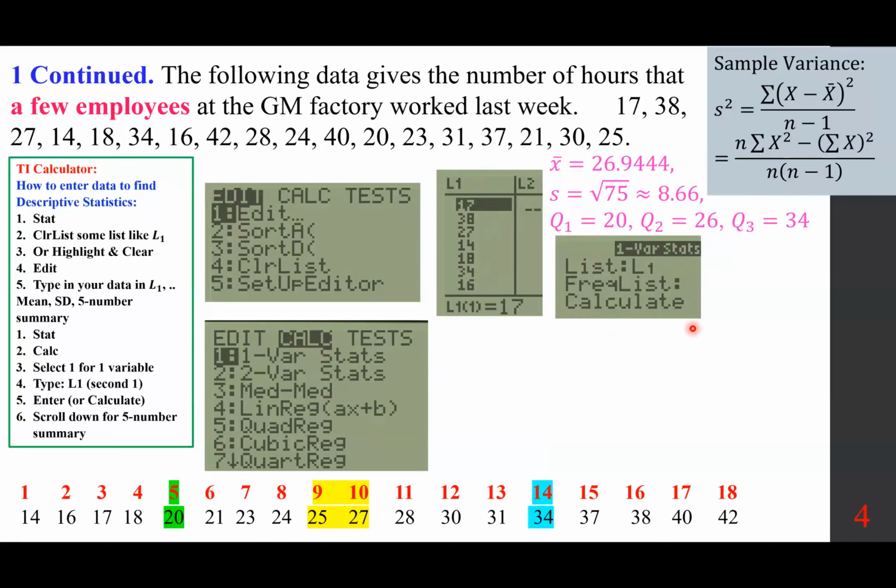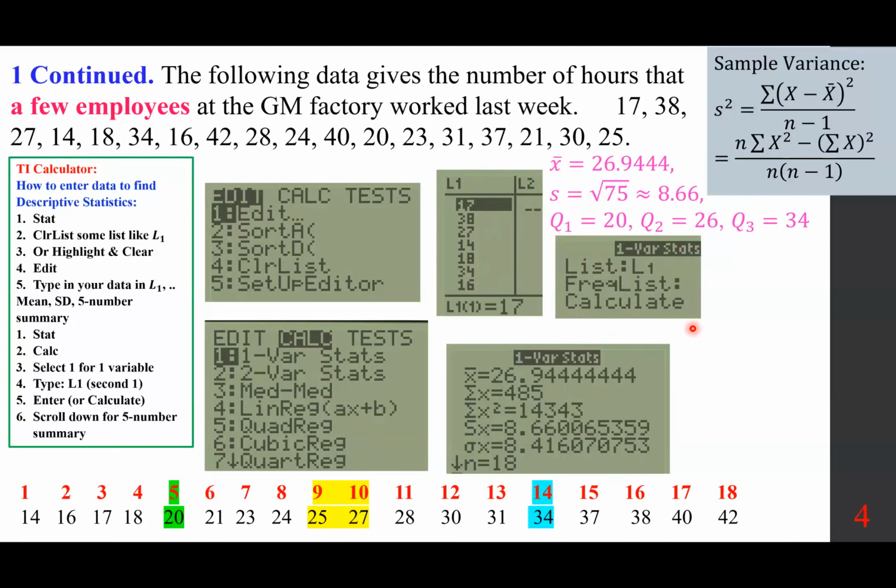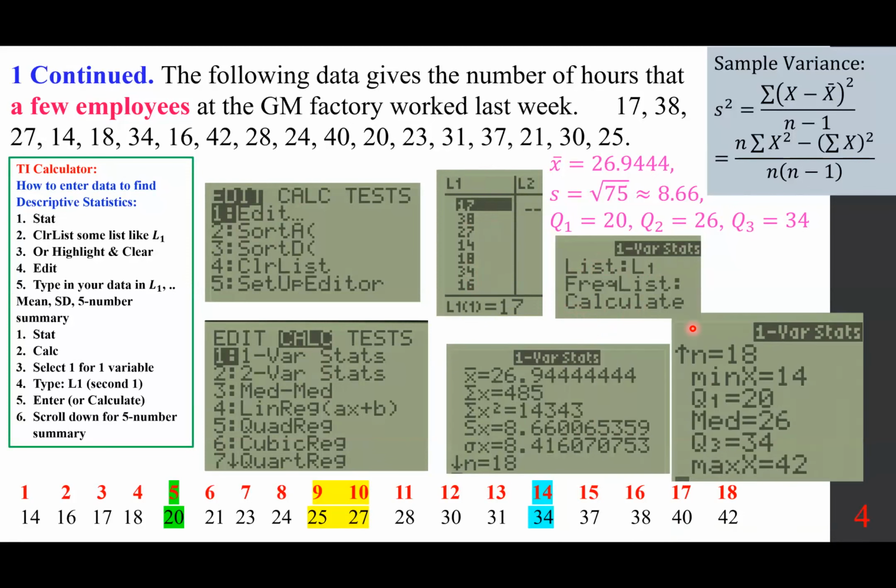The moment you press calculate, it gives you some information, and there are a couple of pages, so you have to go down. I have both pages, notice. This is the X bar with, of course, more decimals. This is the S. Now pay attention to S sub X versus sigma sub X. You should know which one you need.